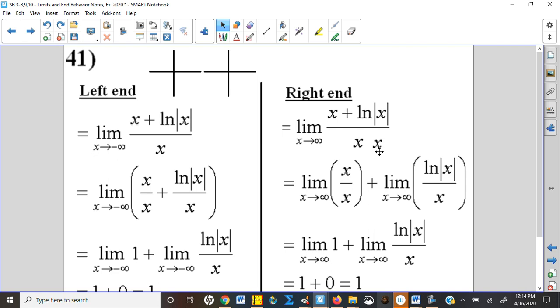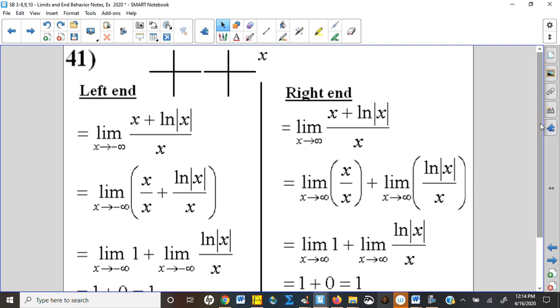Now in your notes, what it tells you is that means we don't call x the left end behavior model or the right end behavior model. We just call it the end behavior model, y equals x. And what that tells us is if we graph x plus natural log of x, and we go out far enough, it's just going to look like y equals x.